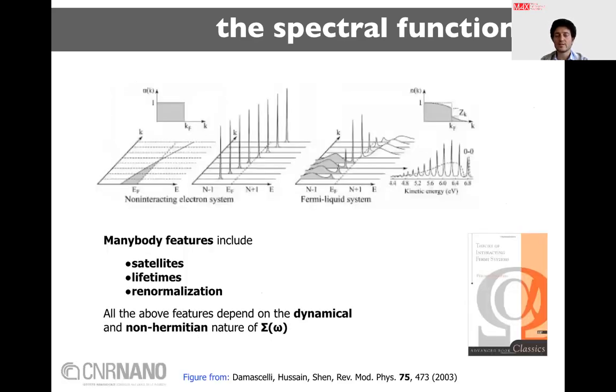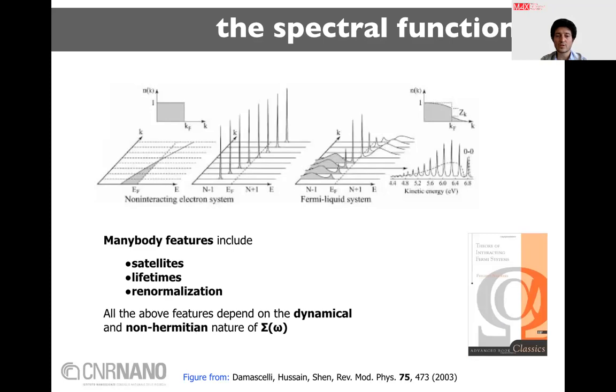So as a summary, these are, on the left and the right, the differences between a non-interacting k-resolved density of states and an interacting spectral density. That is, we have a renormalization of the features, we have satellites, we have lifetimes in terms of broadening, and energy shift as renormalization.